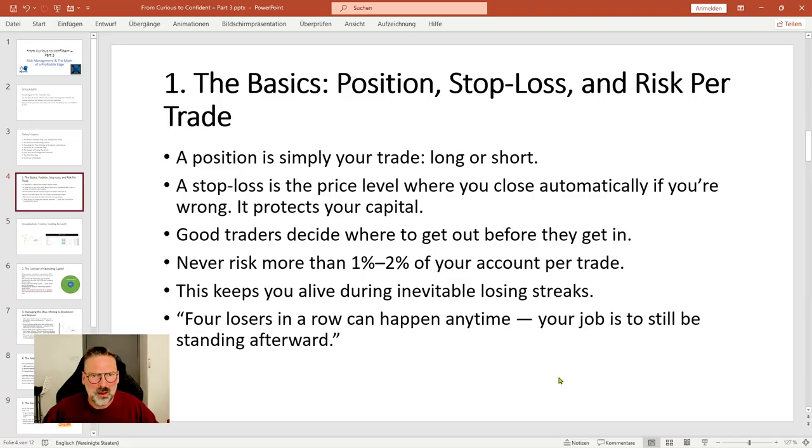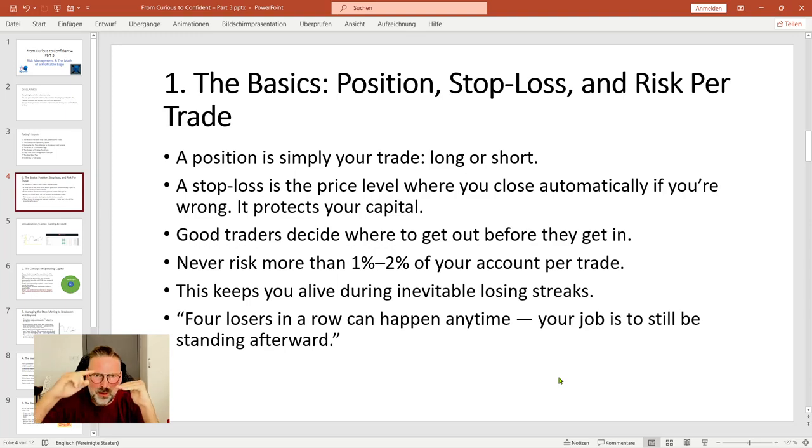So you go long, you buy the stock at 10, but now it doesn't go up, it goes down. And you place your stop loss at 8.